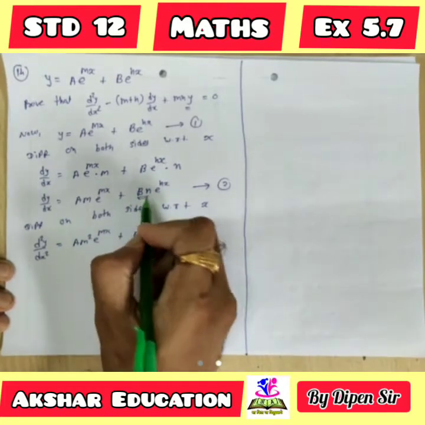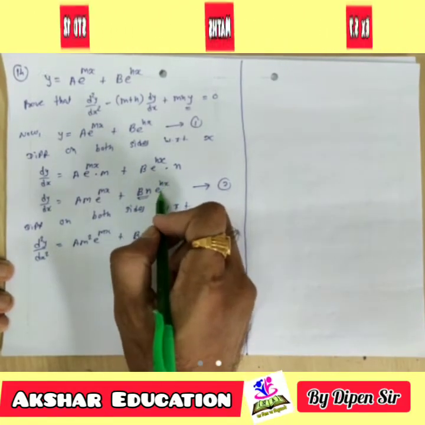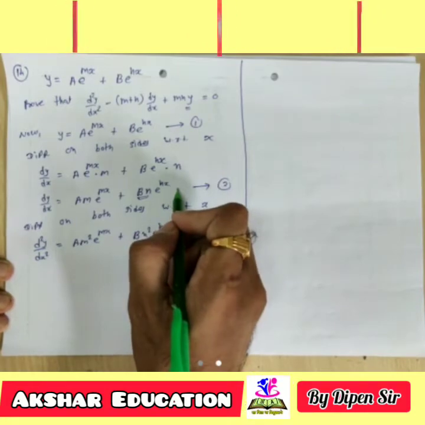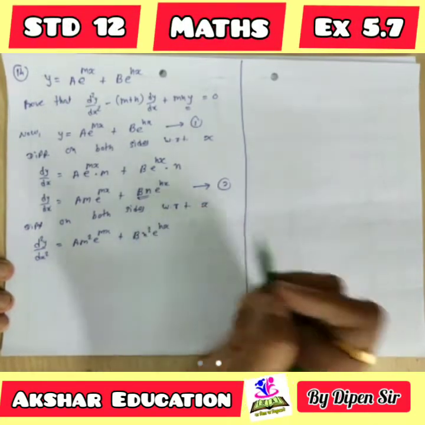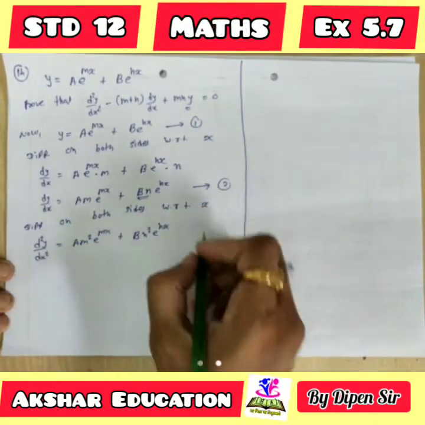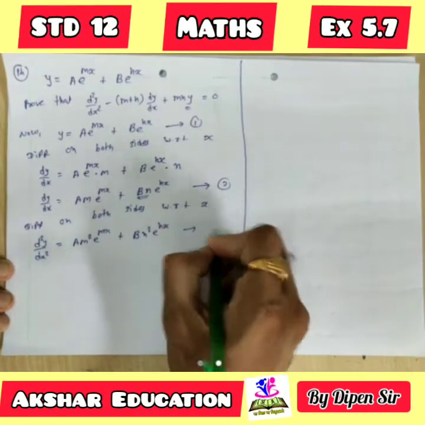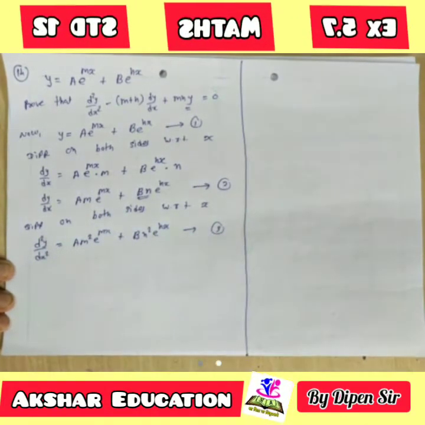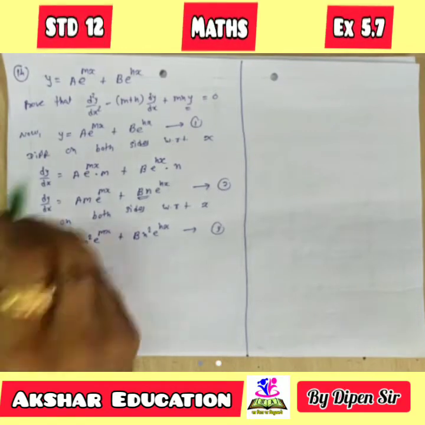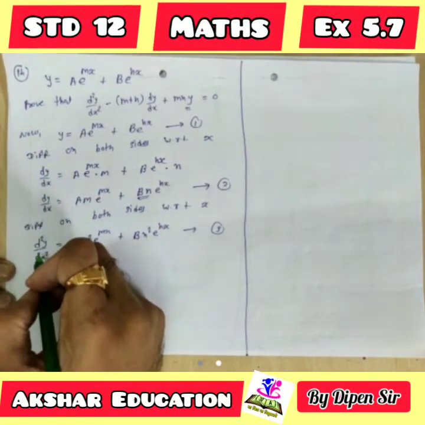B n is constant. Differentiation of e raised to nx is e raised to nx into n, and that n will be multiplied with this n, so we are getting n square, similar to this one. This is our d square y by dx square. Say result 3. Done. So here we are having y, dy by dx and d square y by dx square.